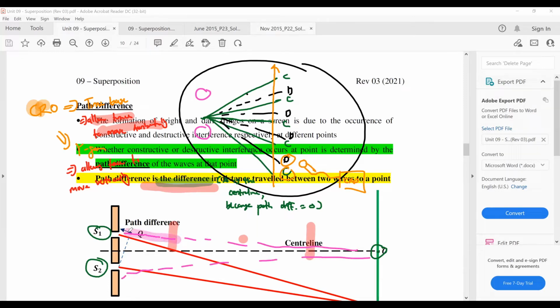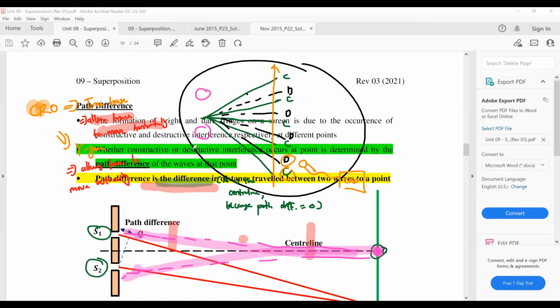Notice that the distance is exactly the same. If it is really at the center line, in between the two sources, the path difference is 0 because they travel exactly the same distance. Okay, so if the path difference is 0, the distance traveled to that point is exactly the same. That is already the center line itself.